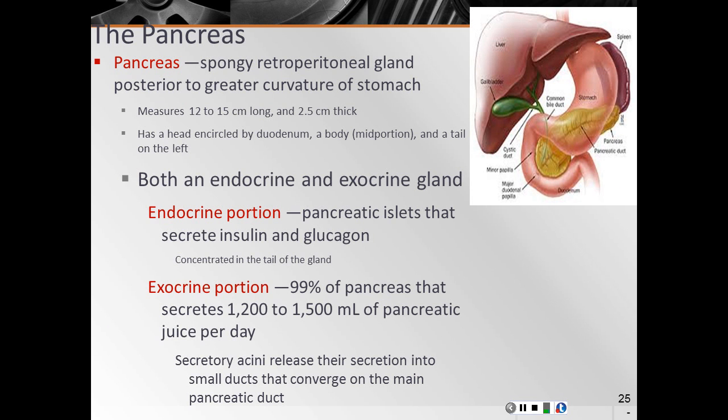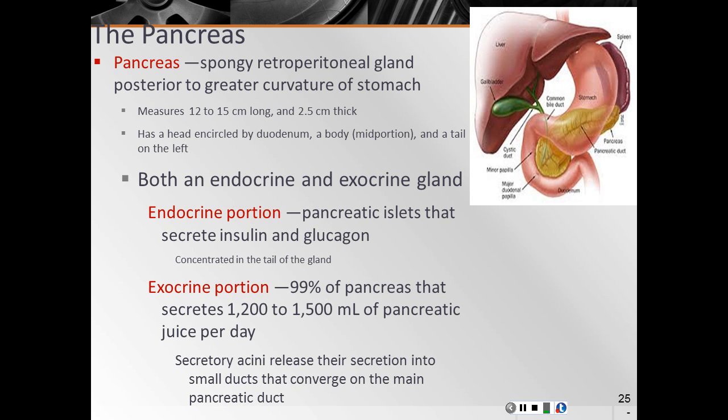It has a few areas. It has a body, and that body is in that midsection. It also has a blunt, tapered tail on the left-hand side. It is both an endocrine and an exocrine gland.